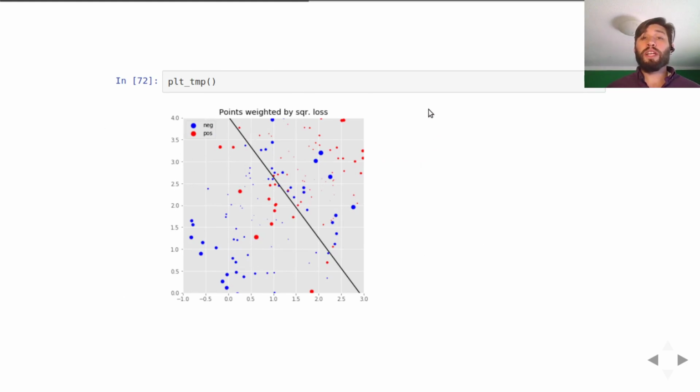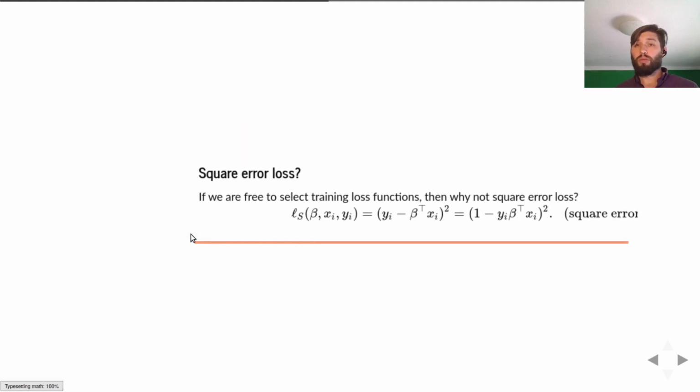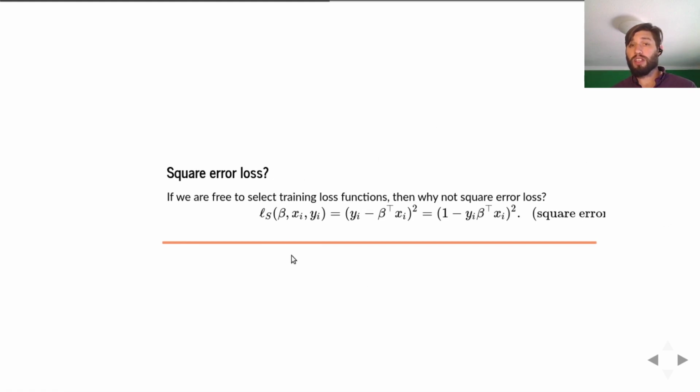Okay, so points weighted by the square loss. Instead, suppose that we just used a square error loss, which just says that we would take yi minus beta transpose xi and take the square of this. We could rewrite this square loss as the following thing.